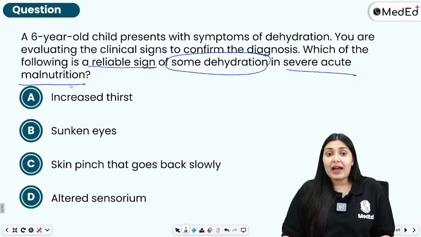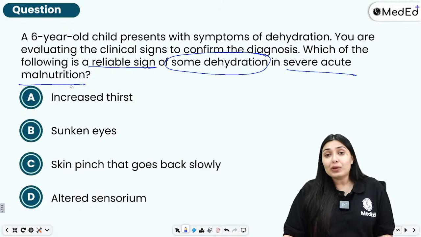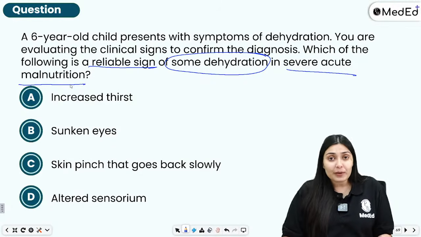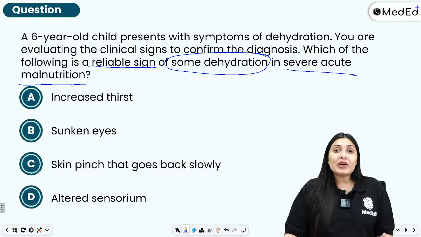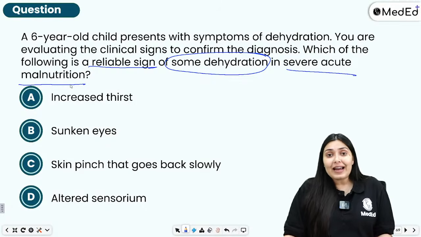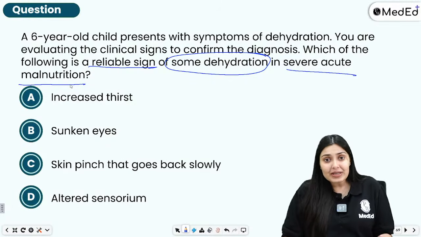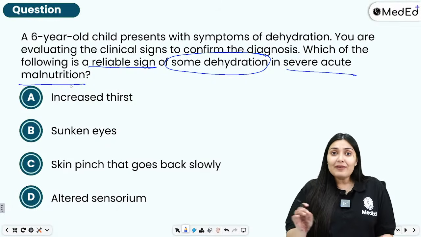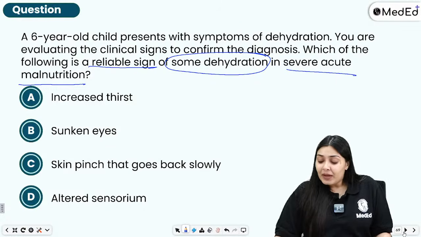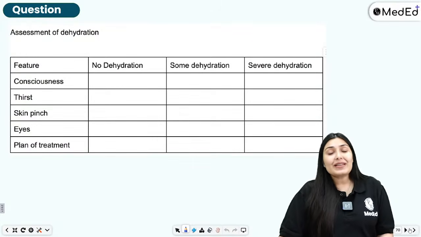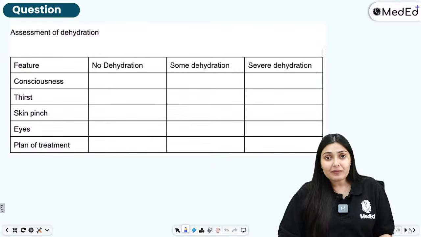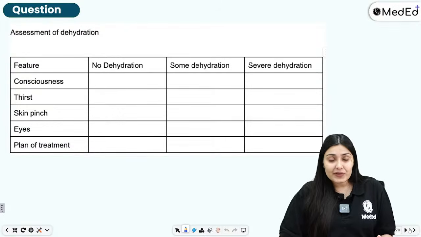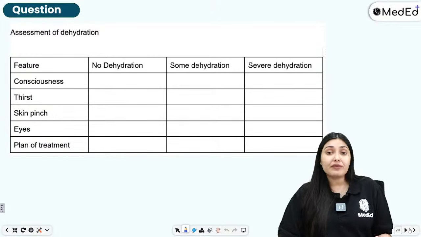The options we have are increased thirst, sunken eyes, skin pinch that goes back slowly, and altered sensorium. So to answer this question, let's first understand the dehydration assessment and the management, and then we will pick up this question. So how do you assess dehydration? We have 3 categories: no dehydration, some dehydration, severe dehydration.